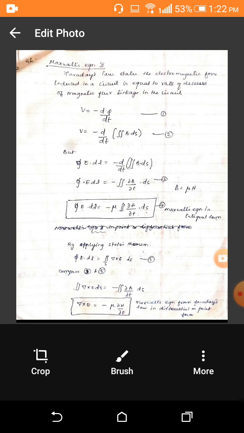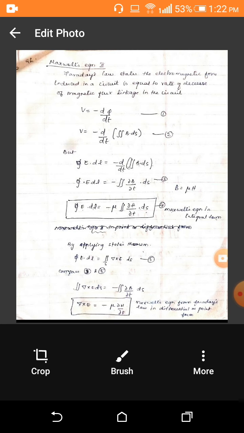Next, we are going to put it in differential form. For that we are going to apply Stokes theorem, which states the closed line integral of any vector field is always equal to the surface integral of the curl of the same vector field. That is, integral E dot dl is equal to double integral del cross E dS.